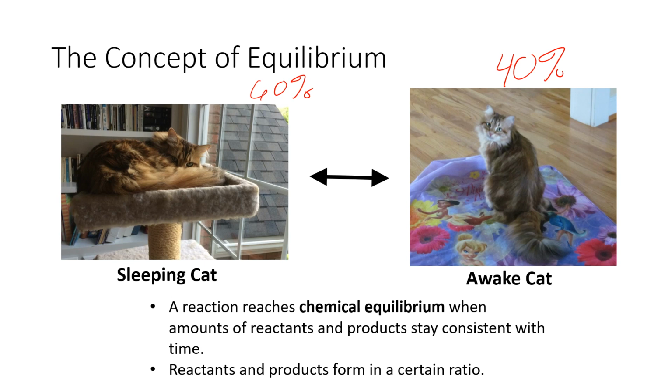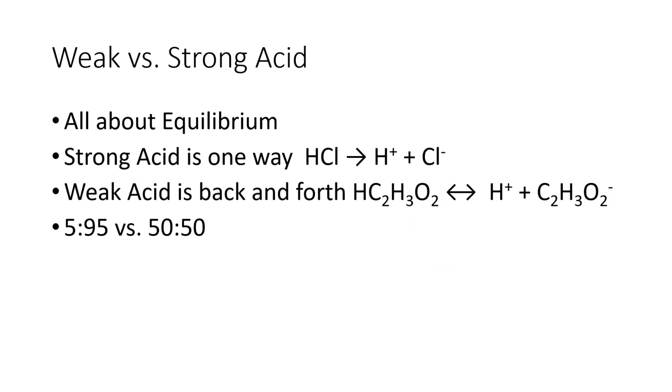So that's true with chemicals as well. You can have products and reactants in a split. And that's basically what will determine a strong acid versus a weak acid. A strong acid has a whole lot of H plus dissociated. Let's say 95% of your H plus is dissociated and 5% stays with the acid.